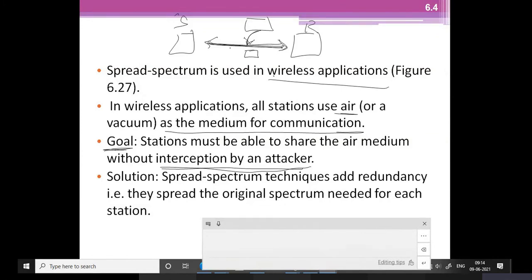If I am sending 101, the attacker can manipulate this data. This is where the concept of encryption and decryption arose: the sender does not send plain text data, otherwise there may be security issues.